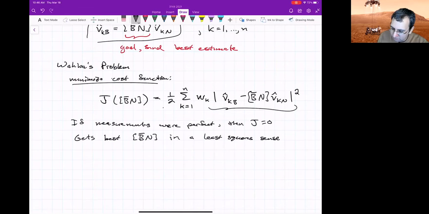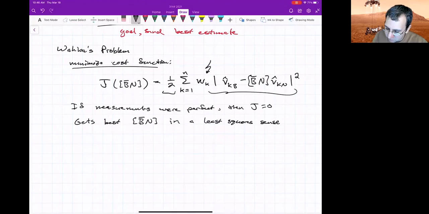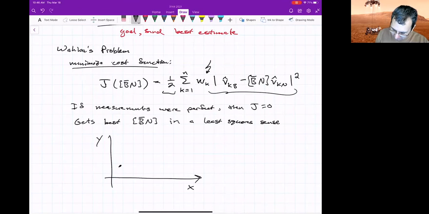And then what's this factor of 2 for? There's going to be something that happens where the factor of 2 goes away. So that's why the factor of 2. The different weightings would be, you would weight more accurate measurements higher than less accurate measurements. So you've probably seen things where there's X and Y, and you've got some data points and they're scattered.